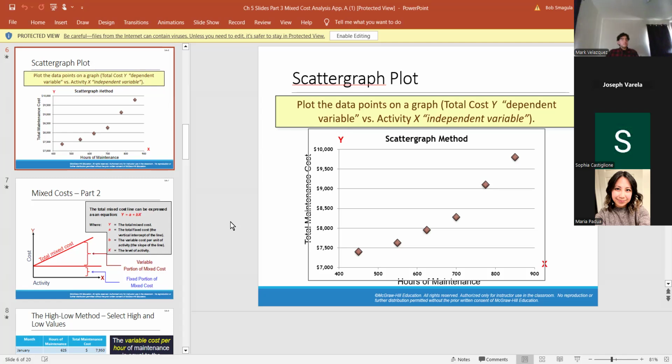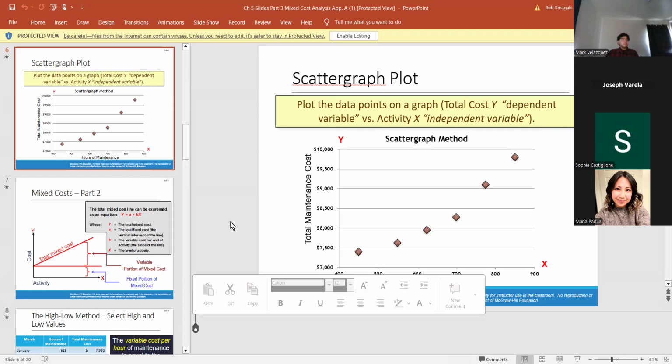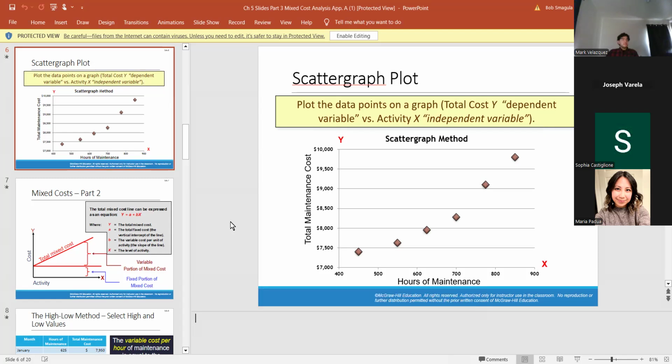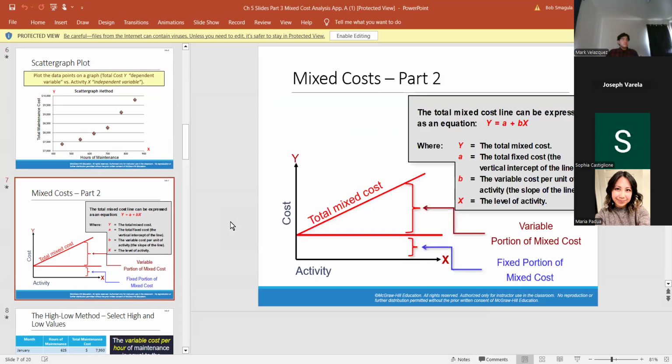Draw your straight line and see how close you come to one of the answers. That might be an easy way to attack a problem, but it's not going to be real exact. Scatter graph. There's your fixed cost. There's your variable cost, total cost.